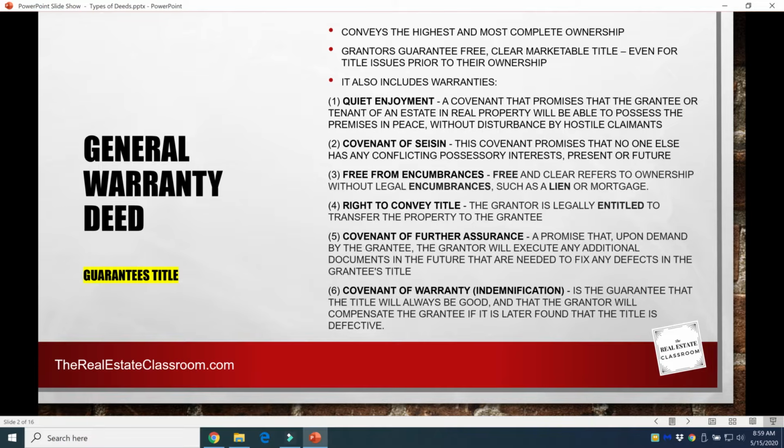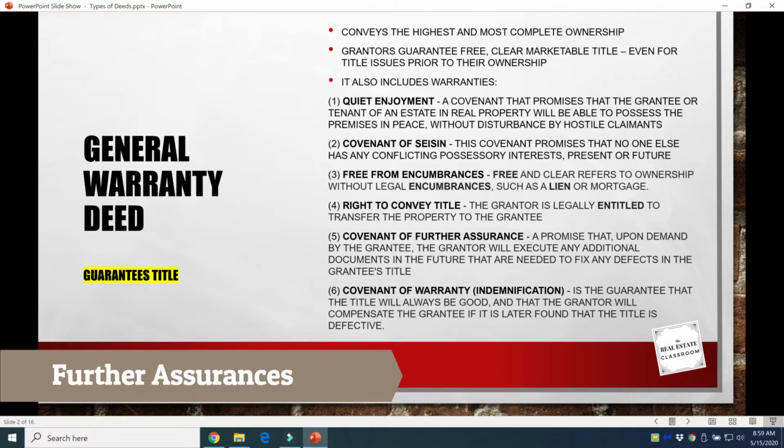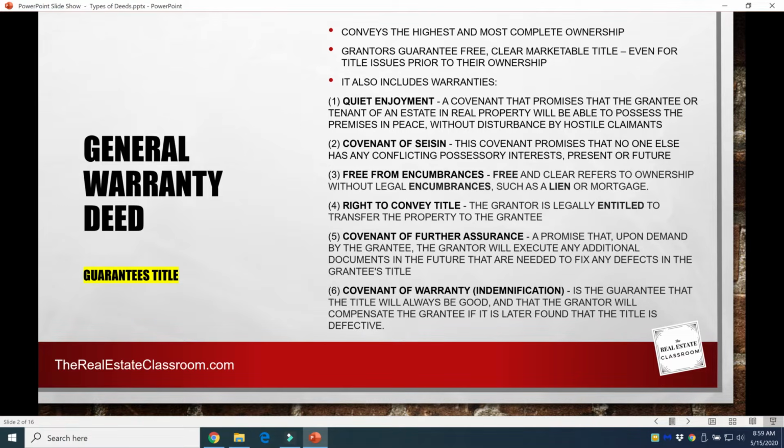Number five, covenant of further assurances. It's basically a promise that upon demand by the grantee, the grantor will execute any additional documents in the future, should it be necessary, to fix any defects in the grantee's title. Now, this does happen occasionally, and typically it's an administrative error.